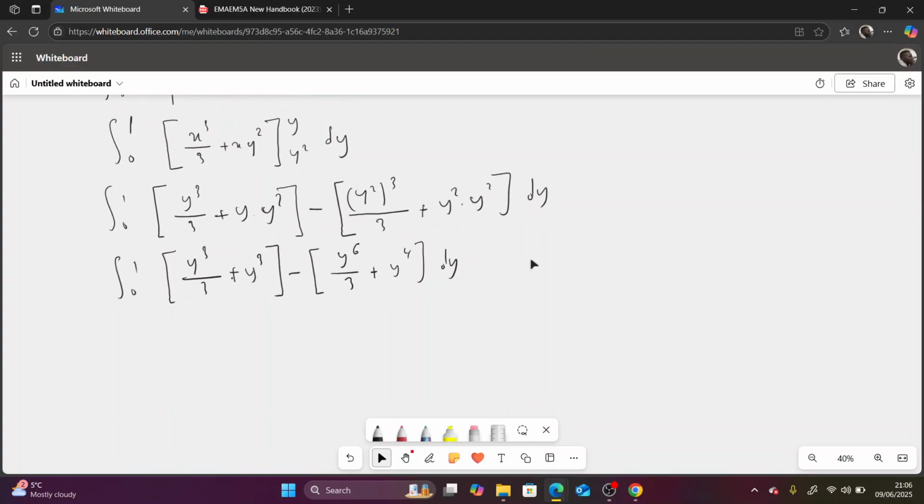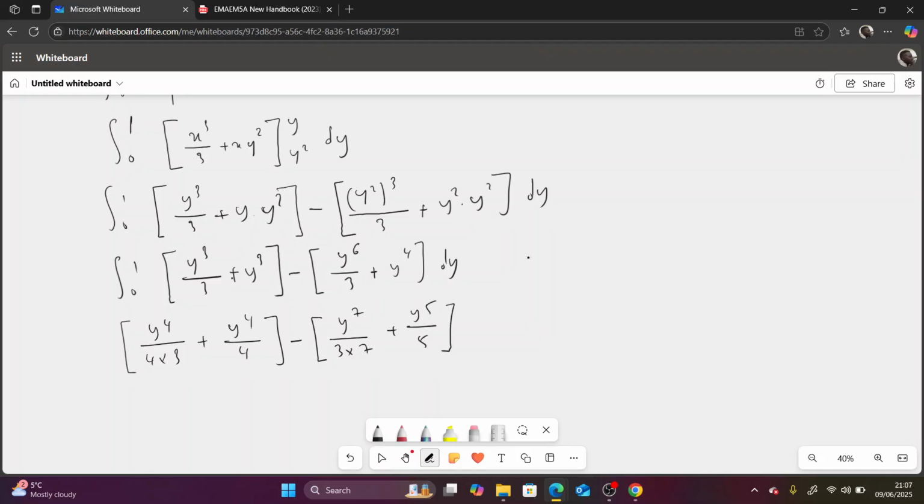Now, in terms of dy here, the integration will simply be, let me write it like this, y to the 4 over 4 times 3 down here, plus y to the 4 over 4, minus y to the 7 over 3 times 7 plus y to the 5 over 5.